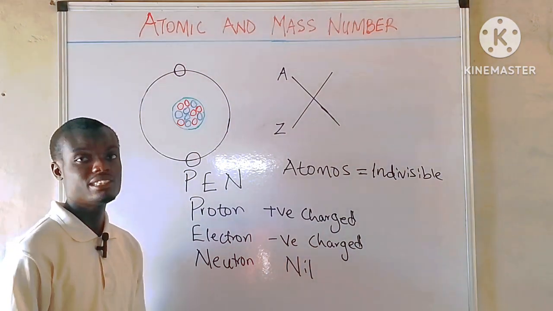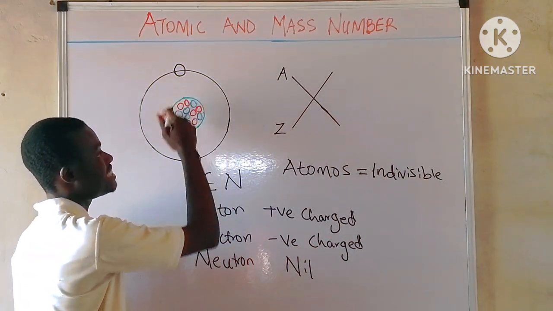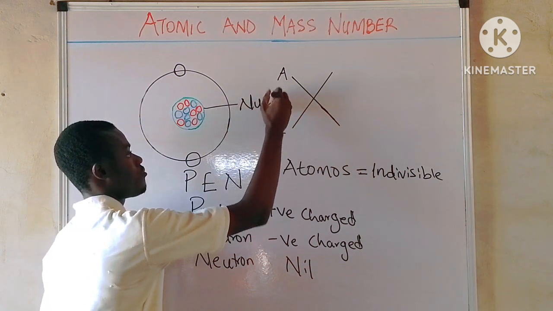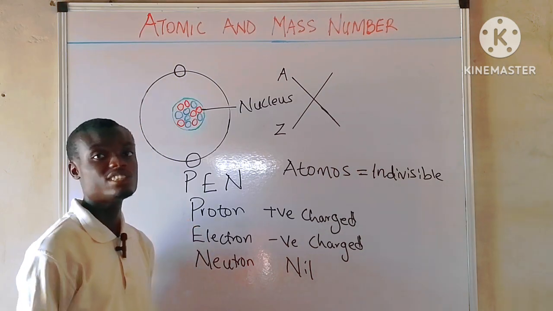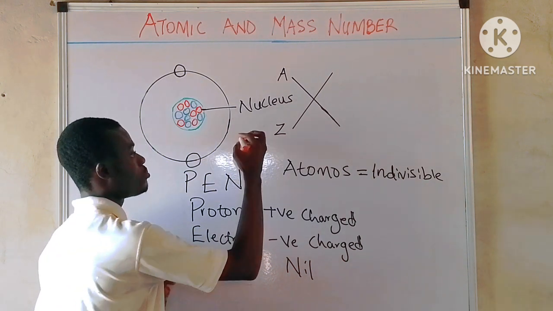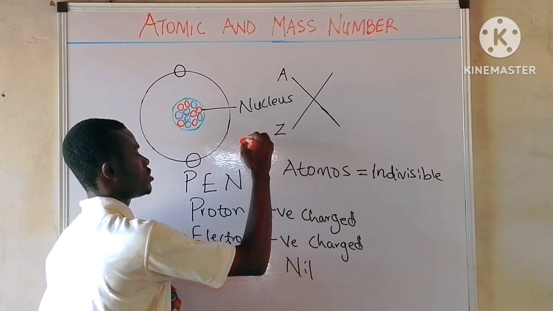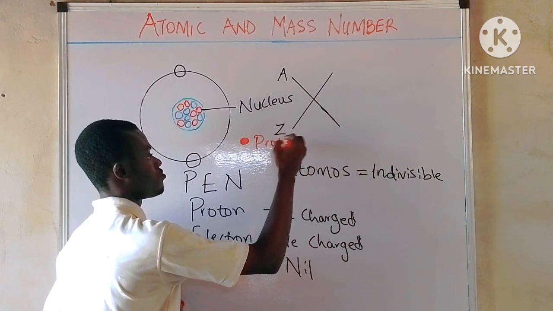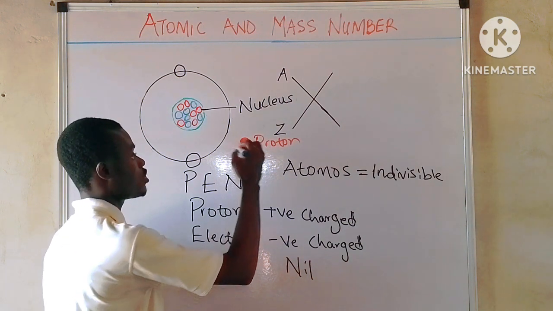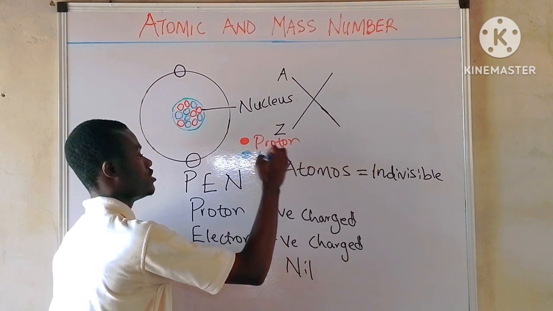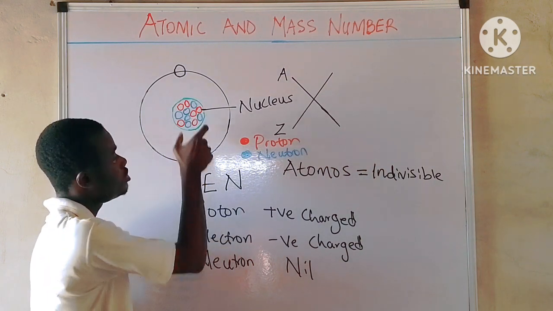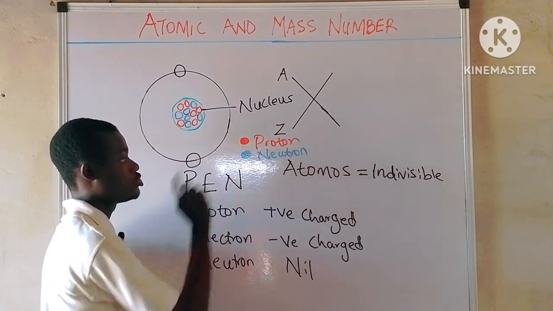When we look at the atomic structure, we find that there is a central portion known as the nucleus. And within the nucleus of an atom, there are two subatomic particles. We have the proton, so the red stands for the proton, and we have the neutron as well within the nucleus of an atom. So the two components of the nucleus are the proton and the neutron.